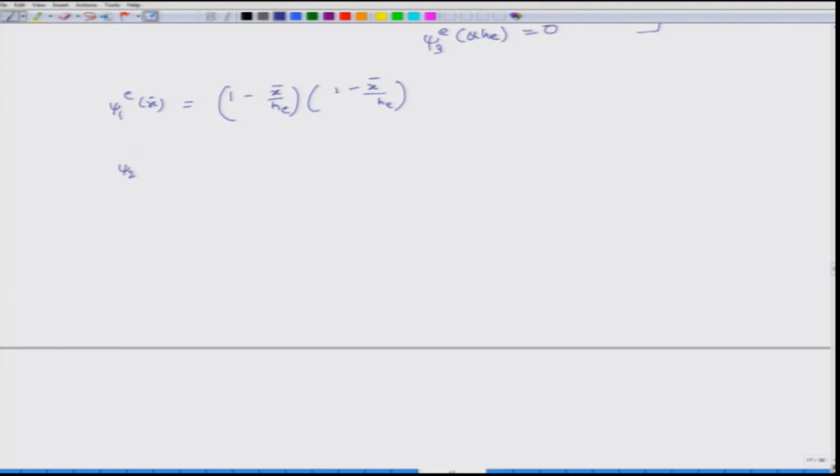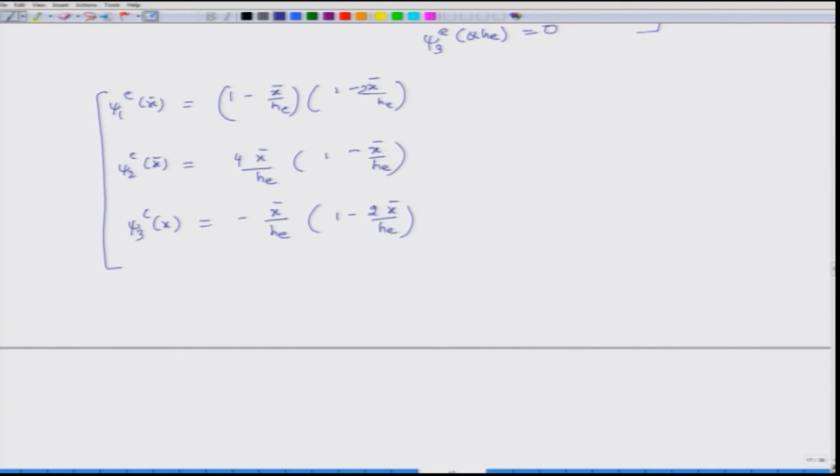Psi 2^e of x bar equals 4 times x bar over h^e times (1 minus x bar over h^e), and psi 3^e is equal to minus x bar over h^e times (1 minus 2 x bar over h^e), and I think these relations are valid.